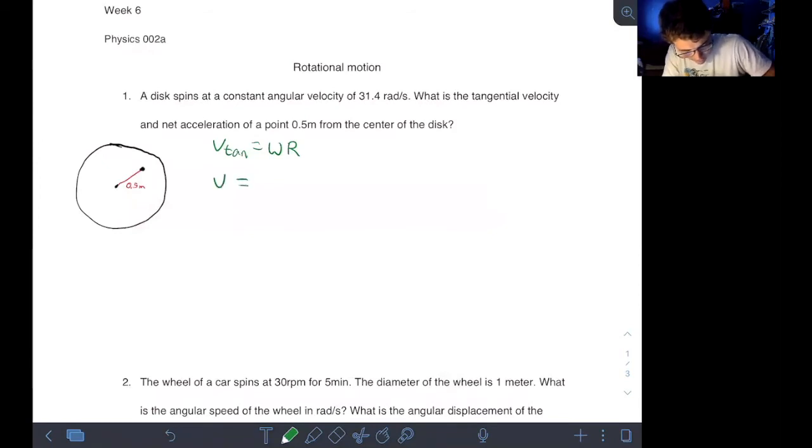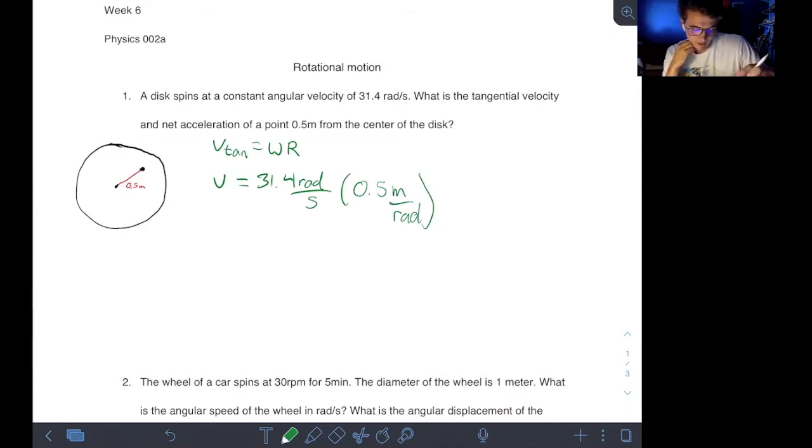So the angular velocity is 31.4 radians per second, times the radius, 0.5 meters, and I'll say per radian. I say per radian because essentially 1 radian of the circle equals an arc length of 0.5 meters.